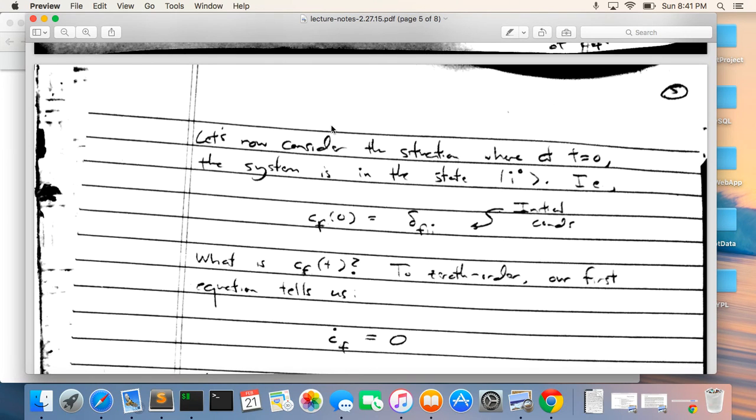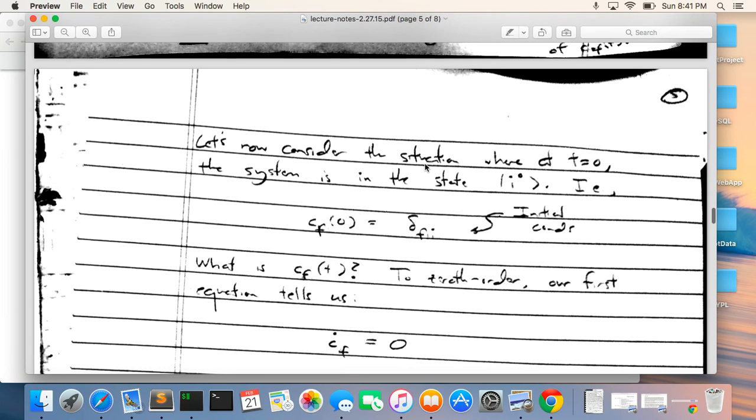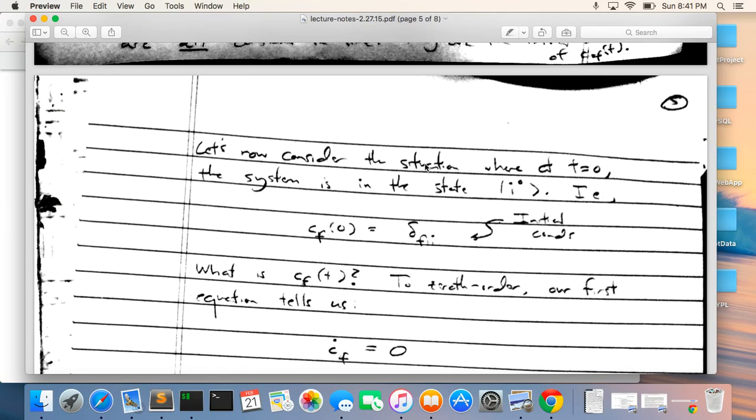Okay, so let's say we have a situation where we set up our system so at t equals 0, the system's in some state, and we'll specify that state to be little i naught. So in other words, our coefficient at t equals 0 of the f state is a delta fi.